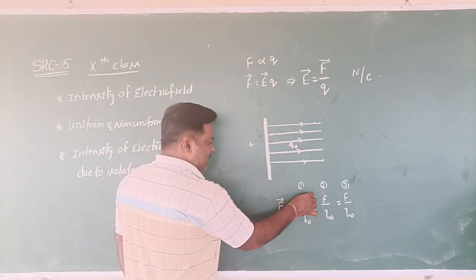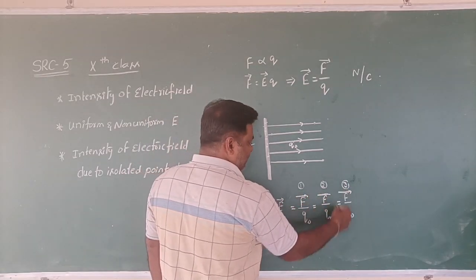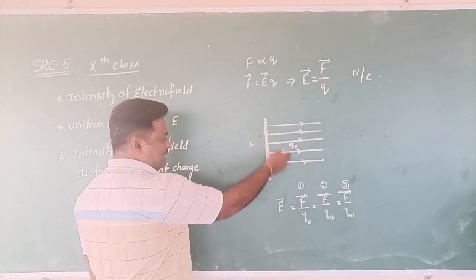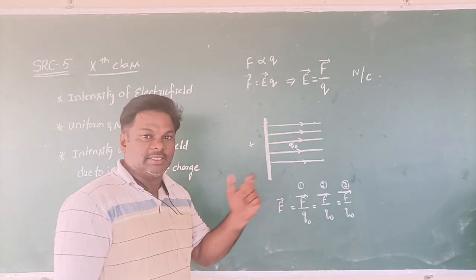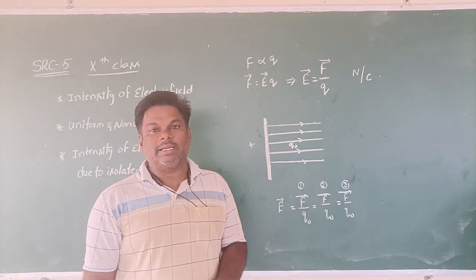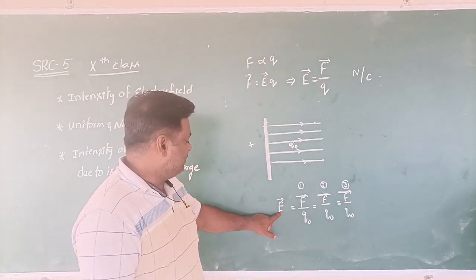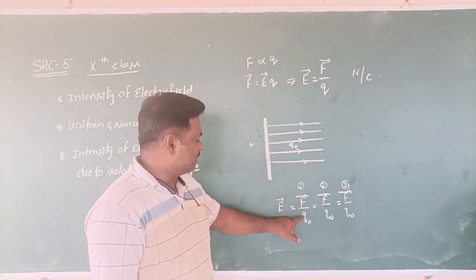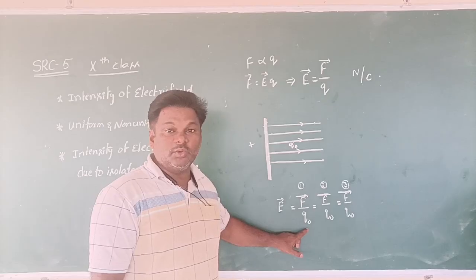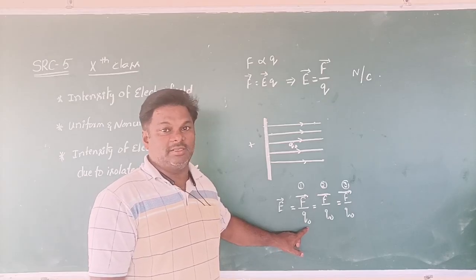If it happens, then the given field is said to be a uniform electric field. What is the formula for electric field? E bar is equal to F bar by Q naught, where Q naught is a positive test charge.